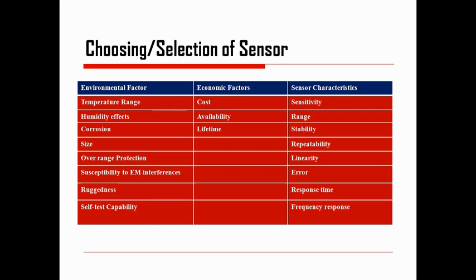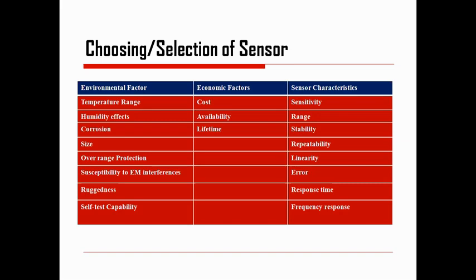Now, what application are we considering? Depending on that particular application, suppose we are interested to measure temperature of a certain range. There are a large number of temperature sensors. For example, there is a thermistor, a thermocouple, an RTD, an optical pyrometer, and many more. Thermopiles are also there.